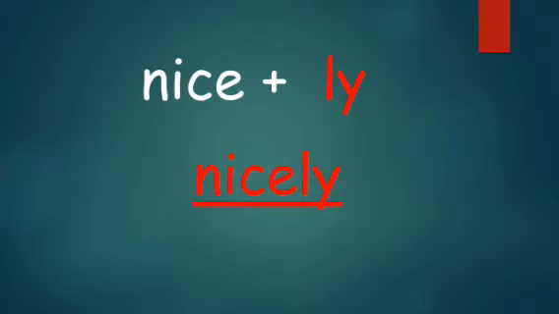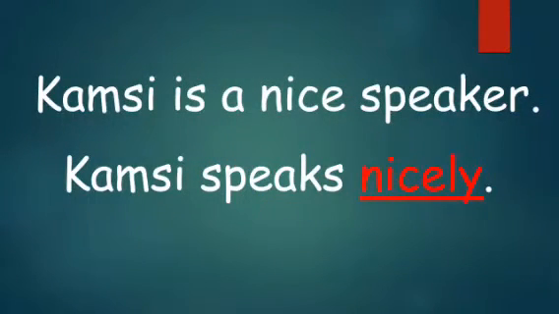If you have the adjective nice and you add ly to it, you make the adverb nicely. So for example, you could say Kamsi is a nice speaker, using the adjective nice, but you could also use the adverb nicely and say Kamsi speaks nicely.